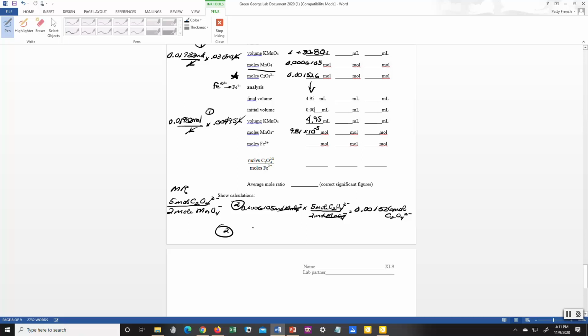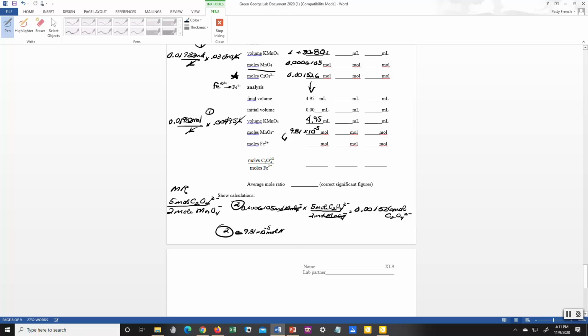Step 2 is going to be converting that from permanganate to iron 3+. So we're going to start out with the 9.81 times 10 to the minus 5th moles of permanganate. Notice I only have 3 sig figs here because I only had 3 right there.